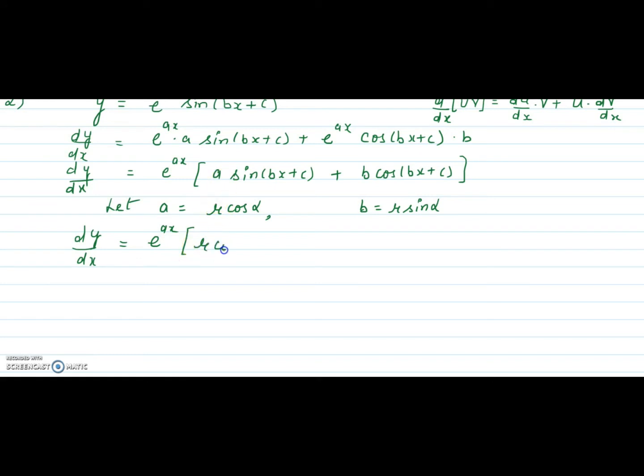This is r cos alpha sin bx plus c and r sin alpha cos bx plus c. If I take r also as common, it will be the formula sin a cos b plus cos a sin b, which is equal to sin a plus b.